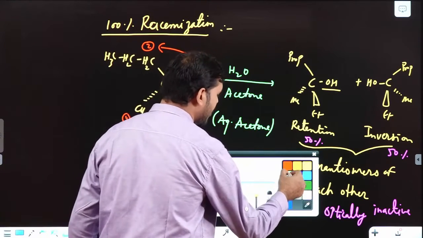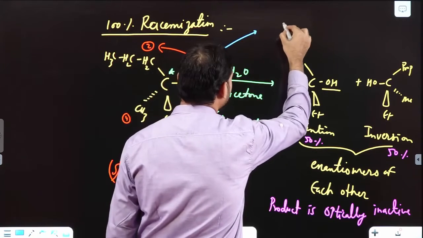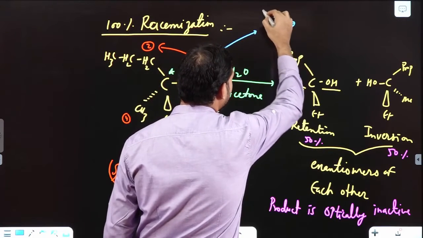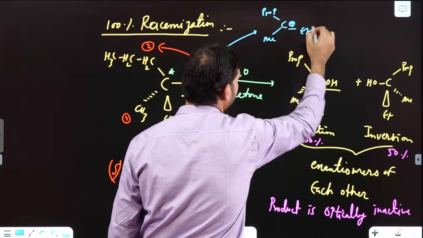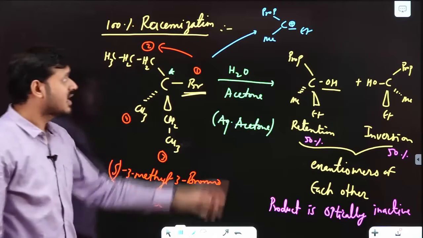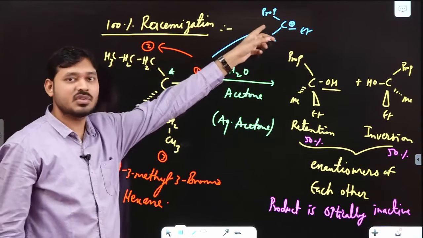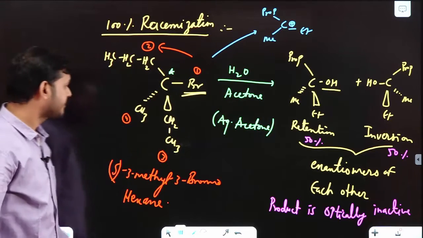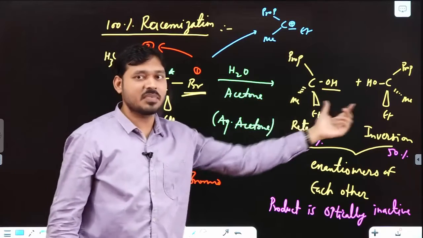Now why? What happens here? The carbocation generated in this reaction is a carbon having a plus charge, with propyl on this side, suppose methyl on this side and ethyl on this side. So this is a trigonal planar carbocation and here there is no rearrangement. This is optically active, but here the product is optically inactive. Why?